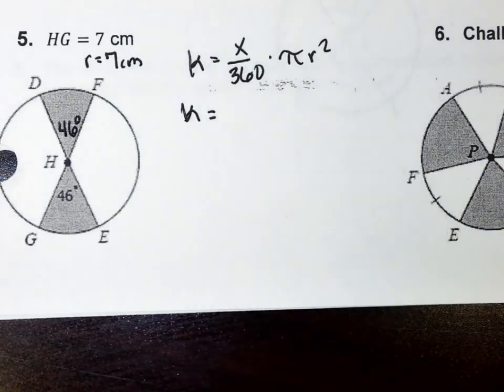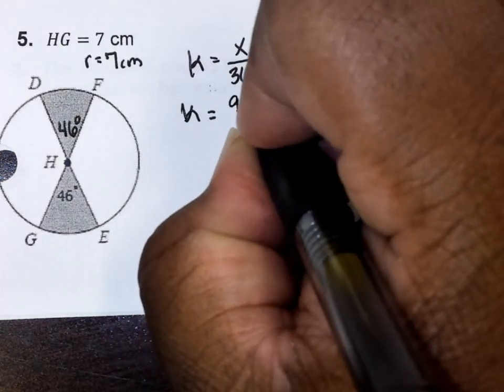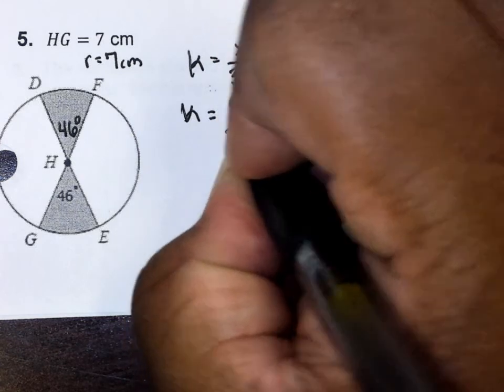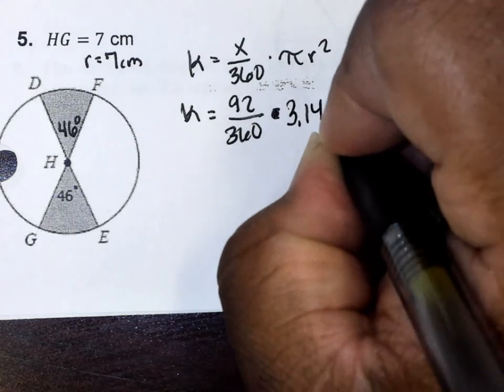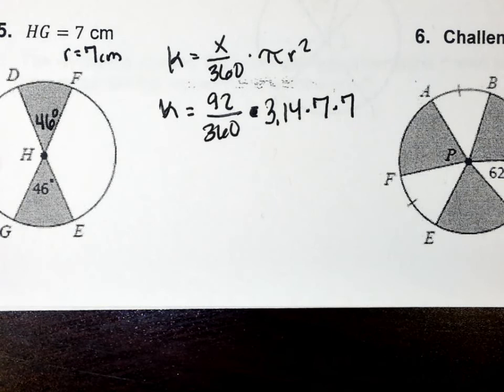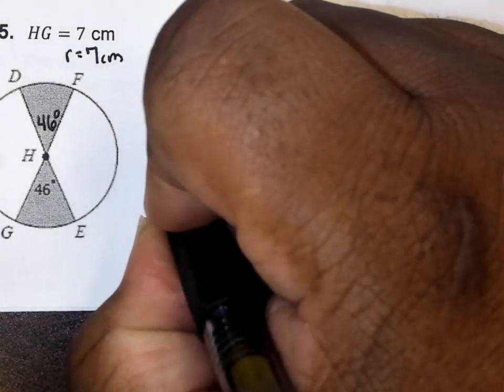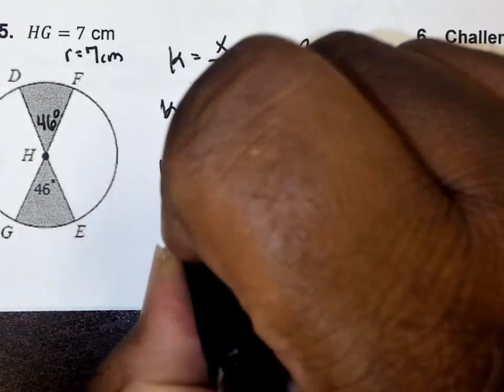You should all be able to see that. 92 degrees over 360 times 3.14 times 7 times 7. Thank you. Faith, you rounded it wrong.